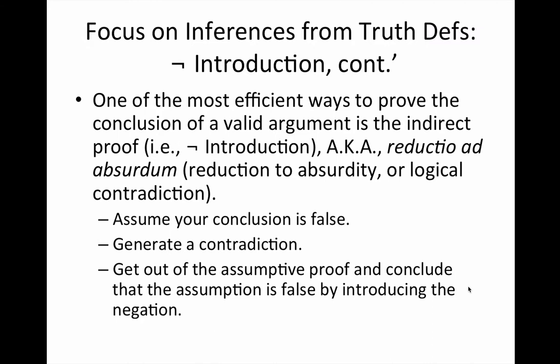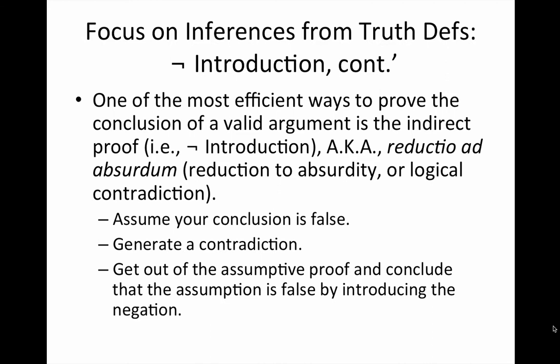So yes, it might feel, or it is, counterintuitive at first, just like maybe the indirect truth table feels counterintuitive. But as you go forward, you're going to find that it is a really powerful tool for generating the conclusion that you want. So the general strategy is this.